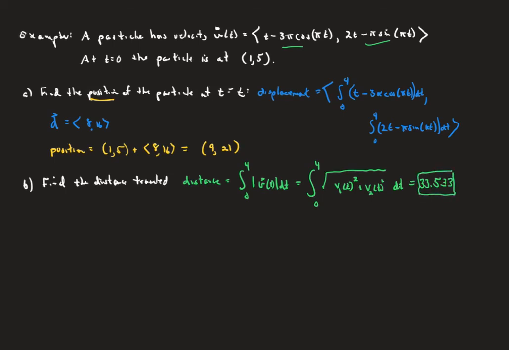So that is the arc length or the distance traveled. Okay, I want to do another example. So I'm going to go to a new screen here, and on this example, I want to find the path of the particle in the example we just did.